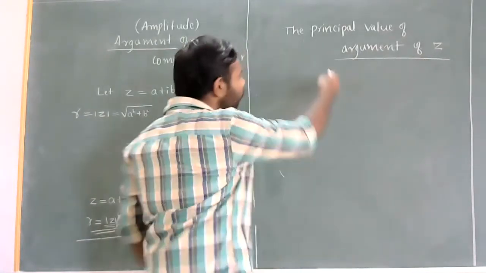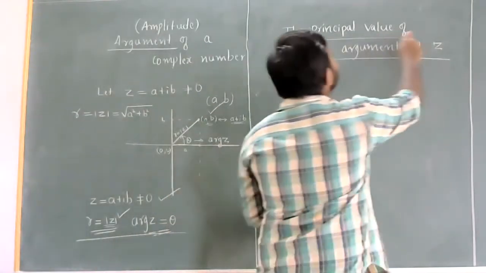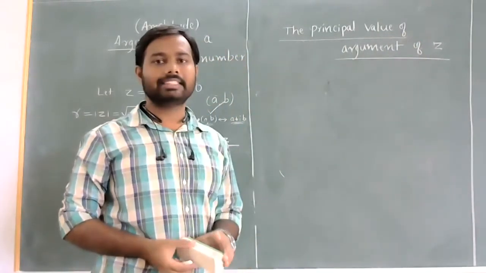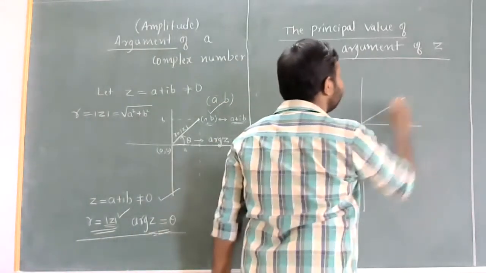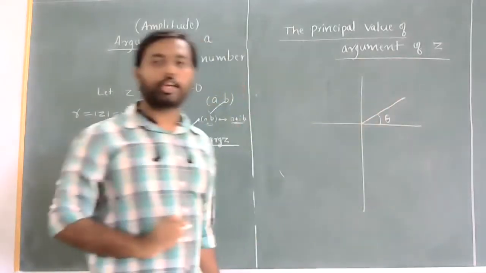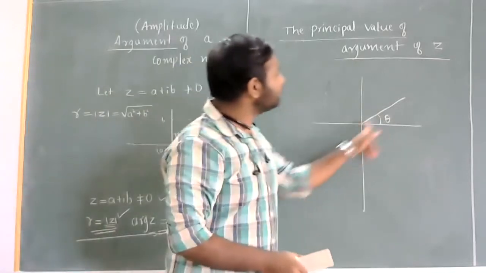Among those infinitely many values, a unique value is taken as the principal value of the argument of Z. Graphically we have seen that if theta is an argument value, then the next argument value to get the same position.